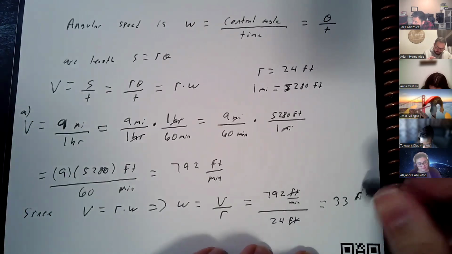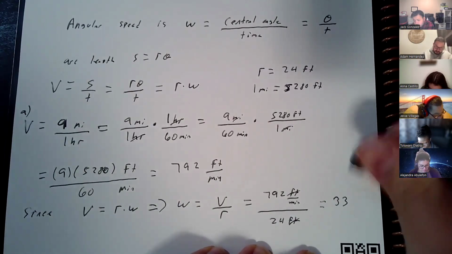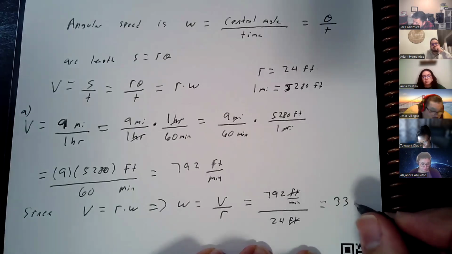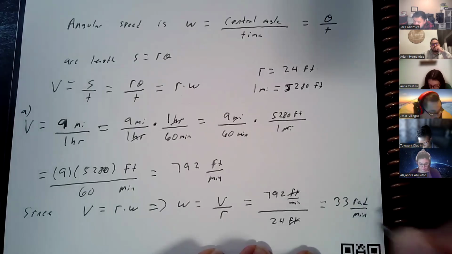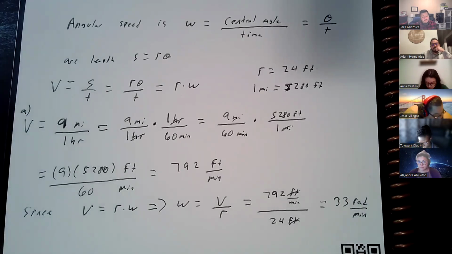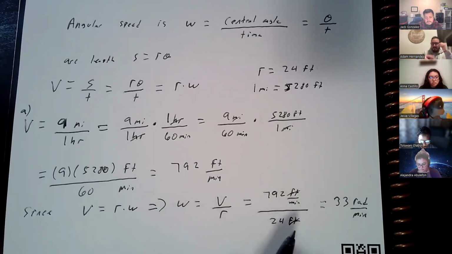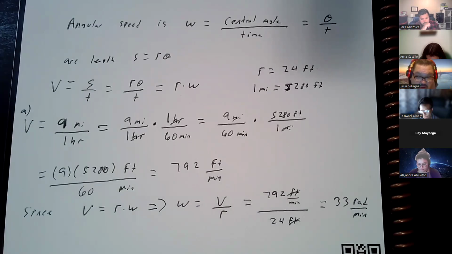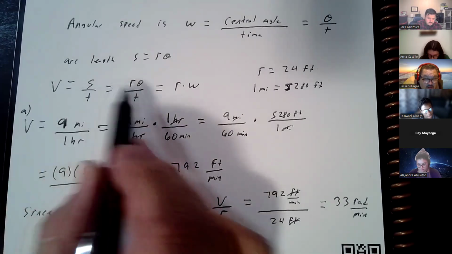So since the feet are canceling, we're only left with minutes. We still have radians. Whenever you have no units on these circular problems, just say radians per time. The time didn't disappear, it's still in minutes. So omega is equal to V over R, which is going to give us this. So we needed these equations to help us.